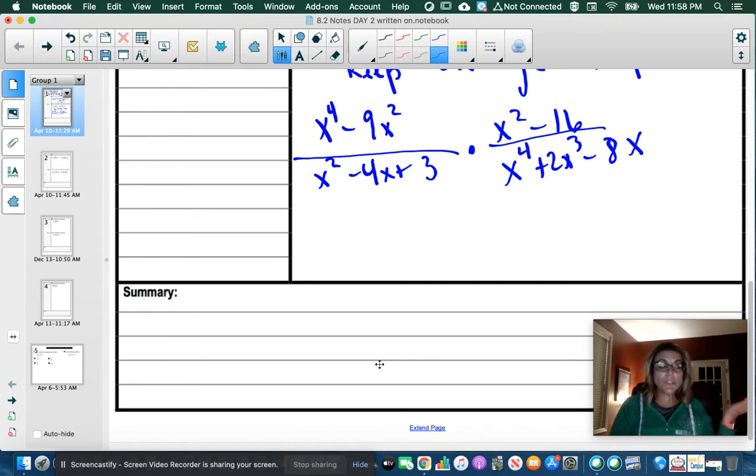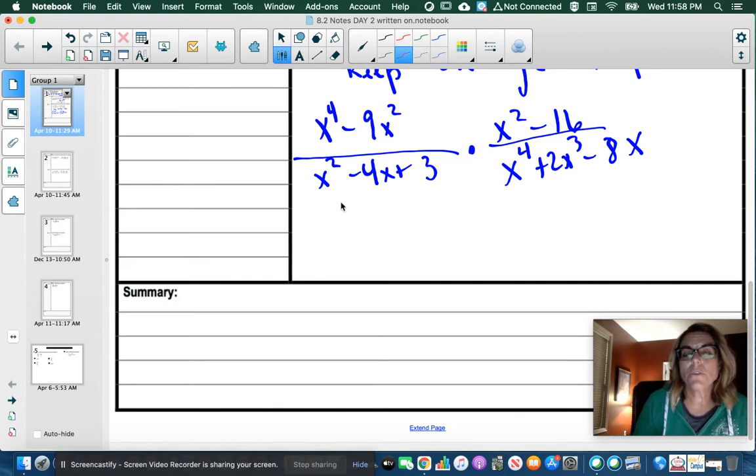Now, we already know how to do this. We did this in 8.2 day 1. We're going to factor each part. So, x to the 4th minus 9x squared, it's a binomial. There's a GCF, and that's x squared. If I take x squared out, I have x to the 4th divided by x squared, and 9x squared divided by x squared.